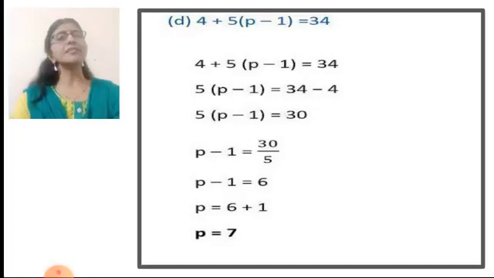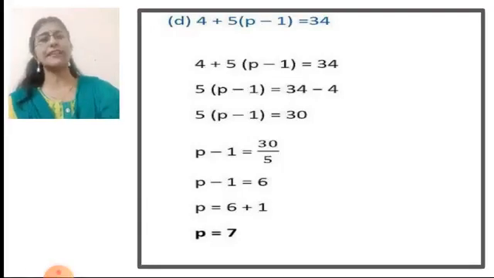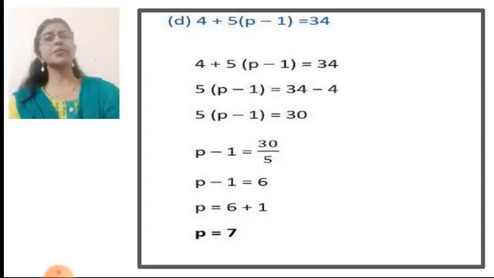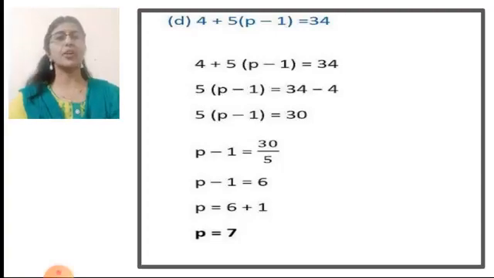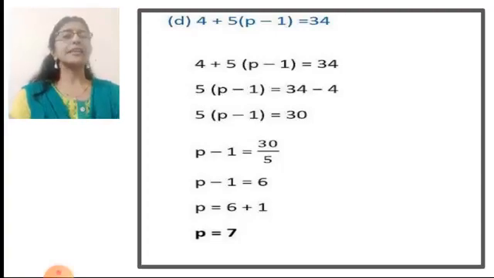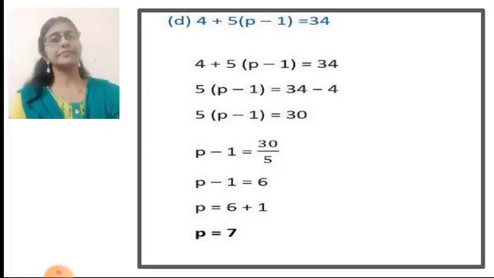So transposing 4 to the right hand side will become minus 4. So the next step will be 5 into p minus 1 is equal to 34 minus 4, because 4 is positive on the left hand side. When we use the transpose method, we have to change the sign, so positive will become negative. So 34 minus 4 is 30.